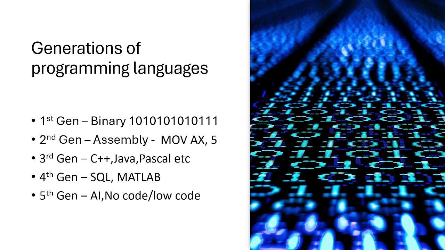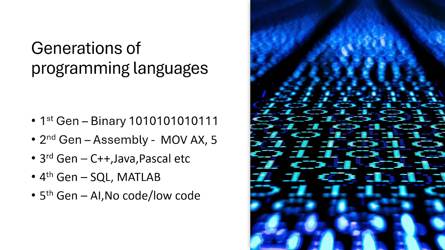So move AX, 5 means to take an integer value of 5 and store it in a register called AX. That's what assembly is about. It's giving simple instructions to do an assignment, for example.